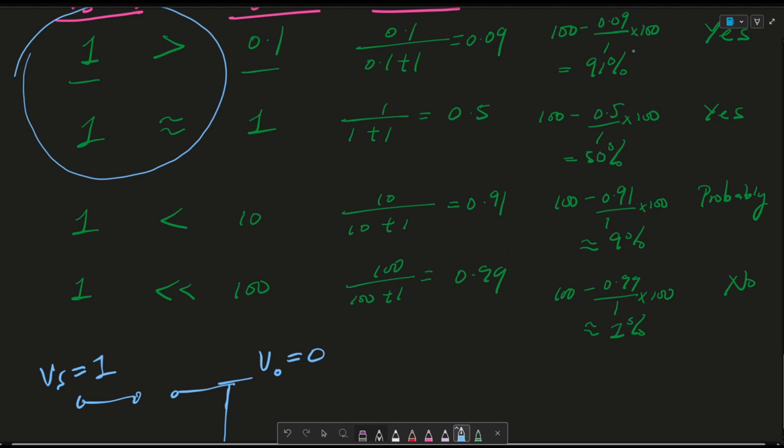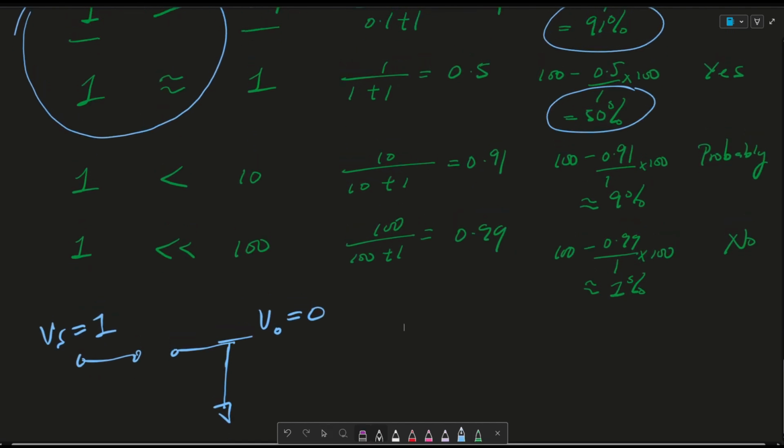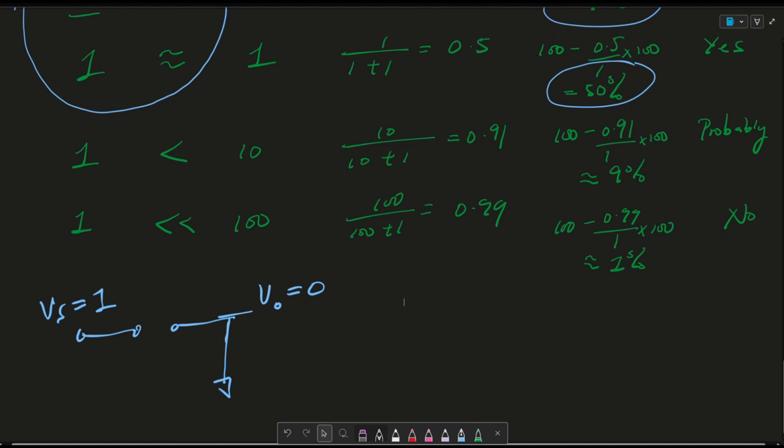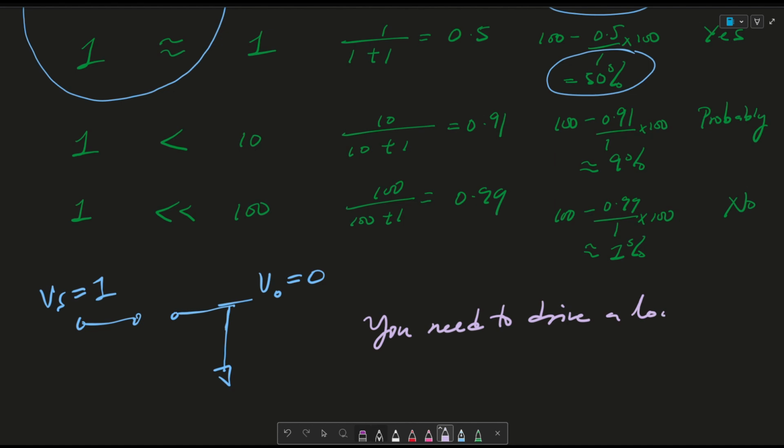It doesn't map to VO. Okay, so that's where we get a term like this, or maybe like this, in a little bit less of an extreme case. We call this loading, and then I guess I'll formally define it as when you need to drive a low impedance without loading the source.